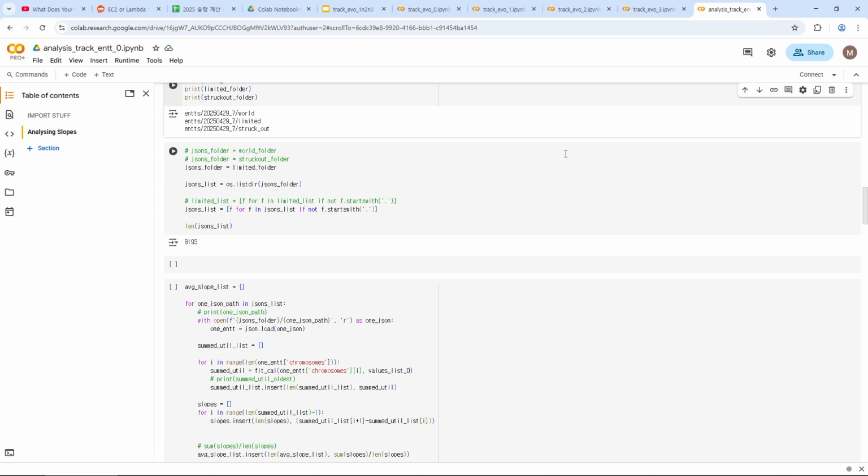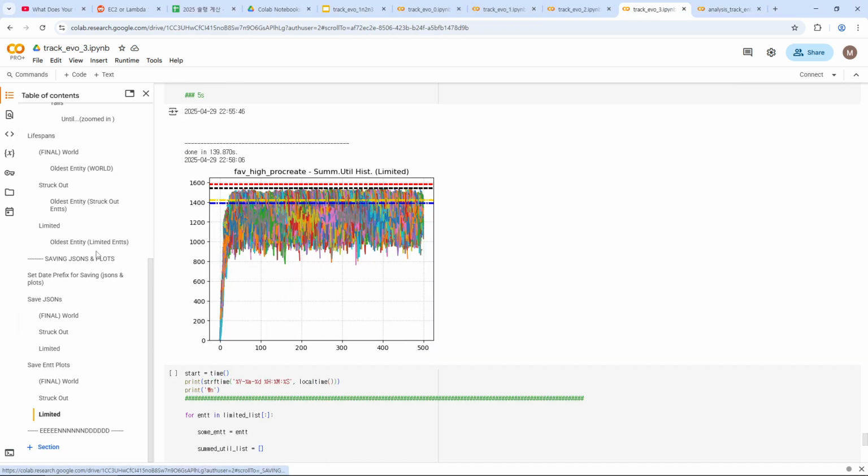In the upcoming videos, I'll talk about how to measure the metrics, what metrics I should use, and those might include average lifespan, slopes, average of slopes, averages of slopes. I'm not saying that wrong. It's an average of averages of slopes. Mean of means of slopes, or whatever. What else should I include?